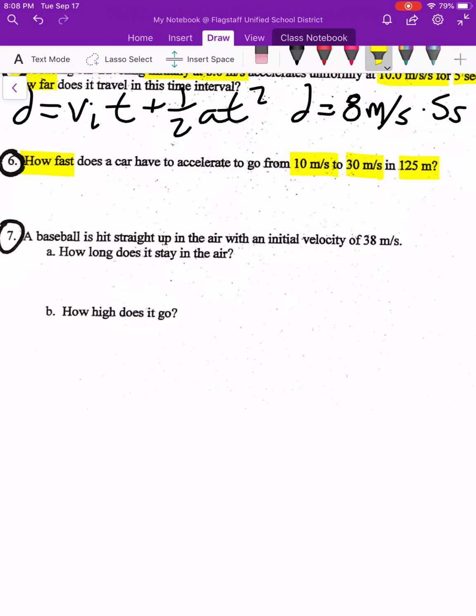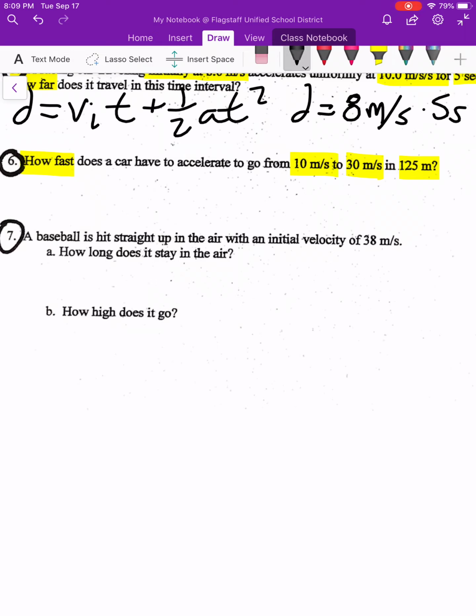Because it's how fast does it have to accelerate to go from that time. So what are we looking for here? Well, we're probably looking for final velocity, right? Because that's what, or hold up, we're looking for an acceleration. Excuse me, because we're given a final velocity, an initial velocity, and a distance.